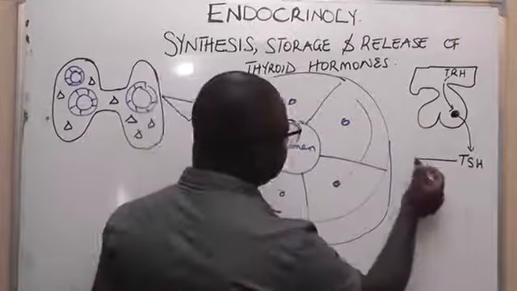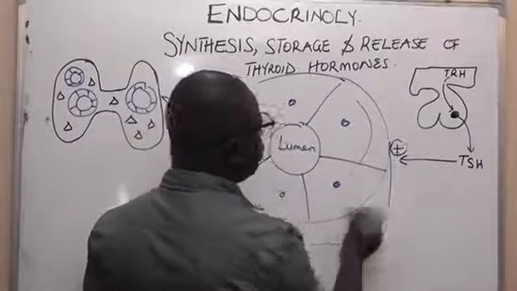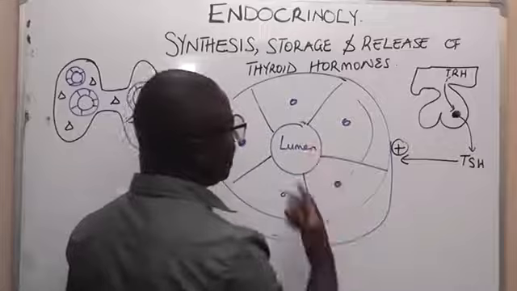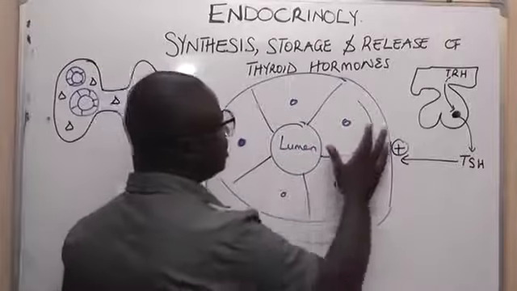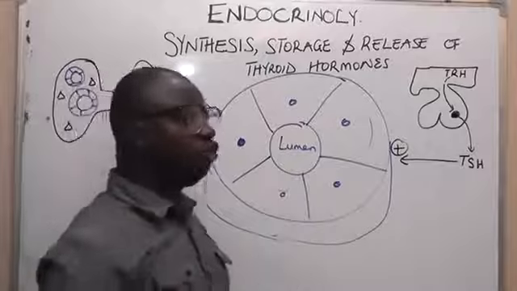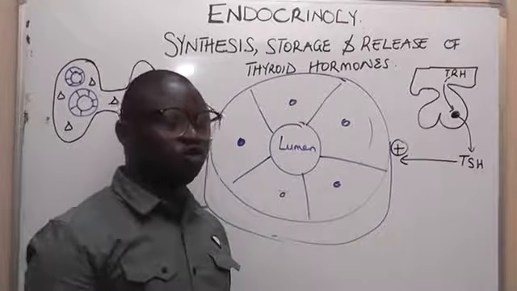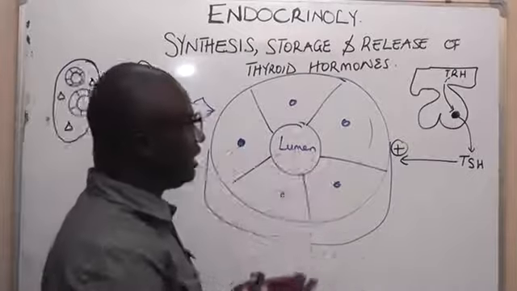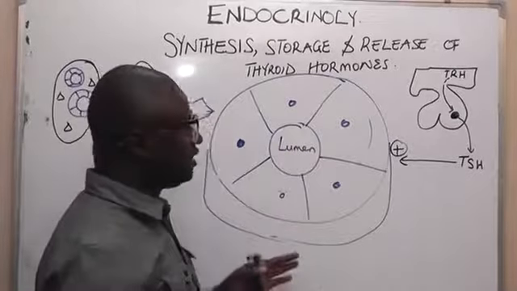Now, TSH will act on what? It will act on the follicular cell, causing stimulation. It stimulates the follicular cells to begin to produce T3 and T4. So that's one of the basic stimulating factors.